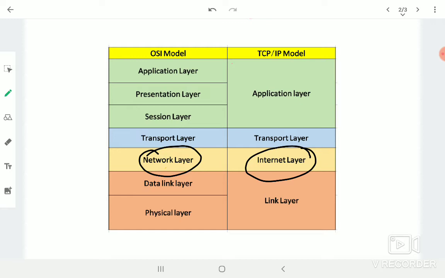The answer could be straightforward: the TCP/IP model is looking at the larger picture, so they are already calling it internet, whereas the OSI model's naming convention is more generic, so they call it network layer, right? The important part is this is the layer where we as network engineers have some sort of control, or we can say complete control, right? But how? Let's have a look.